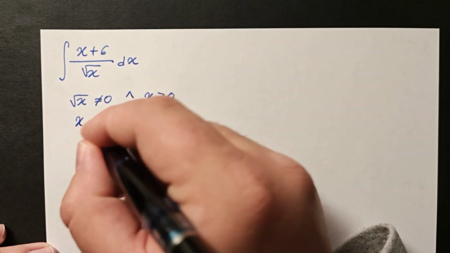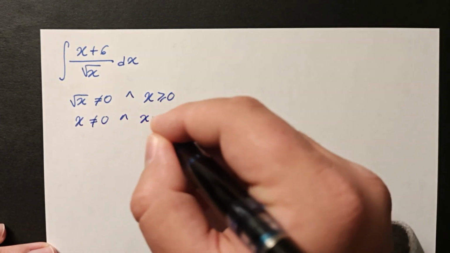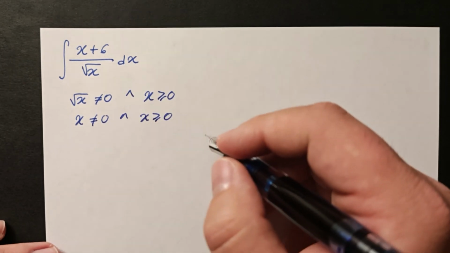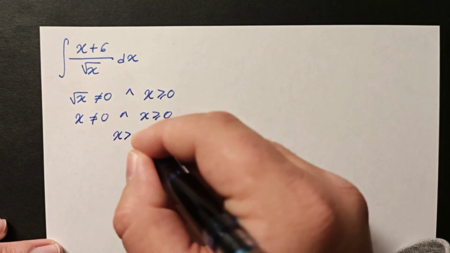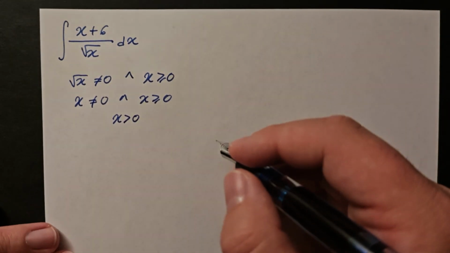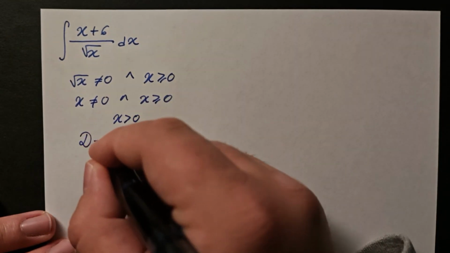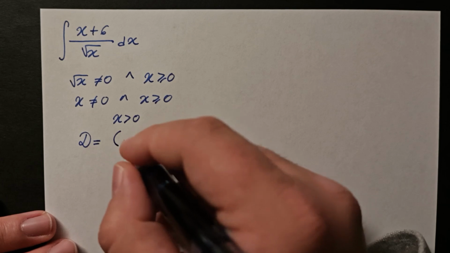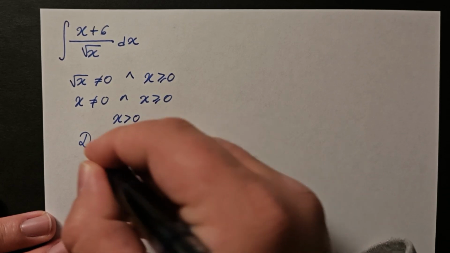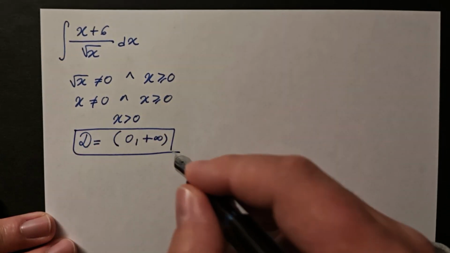So that means that x is different than 0 and x is larger or equal to 0, and that means that x is strictly larger than 0. So the area in which this integral is defined is an open interval from 0 to positive infinity.